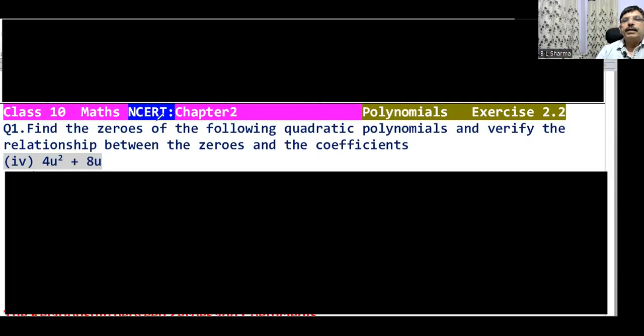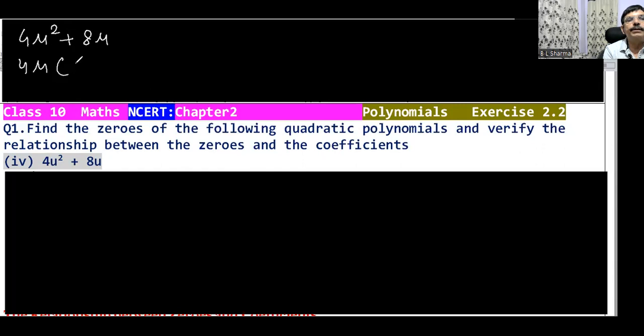This is the fourth part of question number 1. We have to find the zeros of the given polynomial and then verify the relationship between zeros and the coefficients. So the polynomial is 4u square plus 8u.